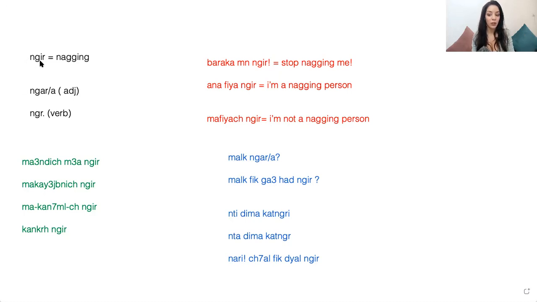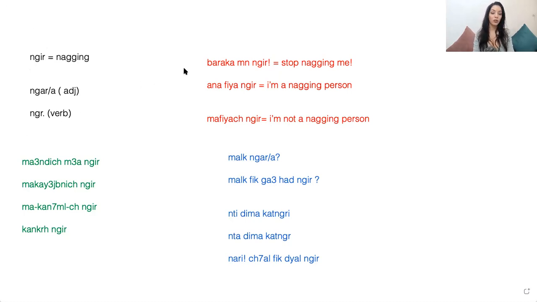Over here we have one vowel, which changes the meaning and also the way we say it. So this is ngir, with the e sound, and over here is ngir, no movements. Okay, so this is just for the vocabulary.